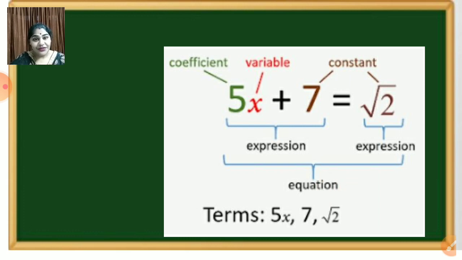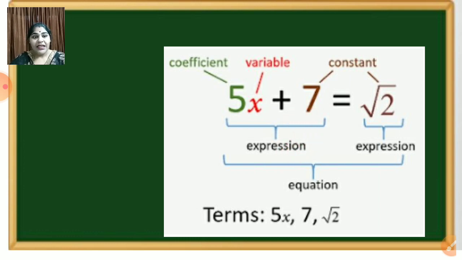I hope now it is very clear, children, what is expression, what is equation, what is coefficient, variable, constant and factors. How to write factors, children? Suppose 5x is one term, so factors of it will be 5 and x. Another term is 7, factors of it will be 1 and 7.